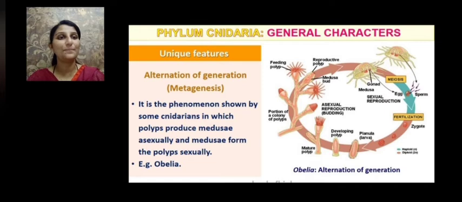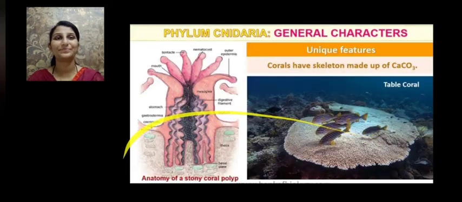So this is the polyp, and it undergoes asexual reproduction to form a medusa, and in this medusa they undergo sexual reproduction into male and female gametes. They fuse together and form a polyp. So this alternation of generation between the polyp and the medusa, and from the medusa to the polyp, is called metagenesis, and this is a unique feature seen in cnidarians.